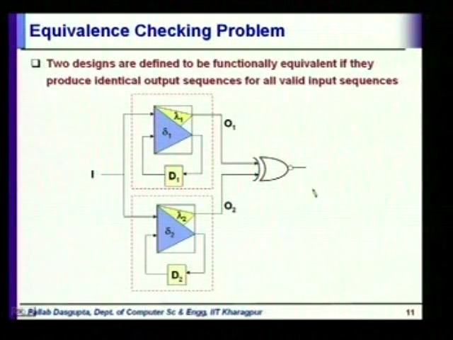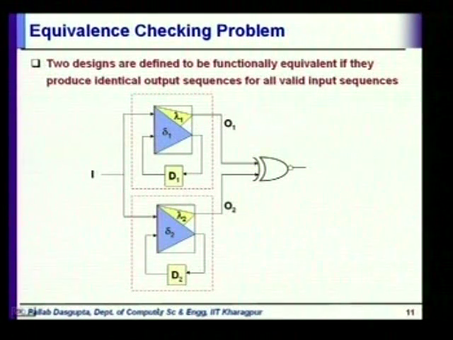Now, to check whether this is 1, there can be various types of approaches. One approach is that this whole thing is also a sequential circuit. It has some combinational logic and some delay elements.